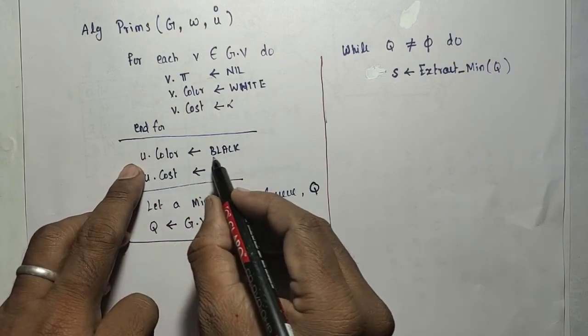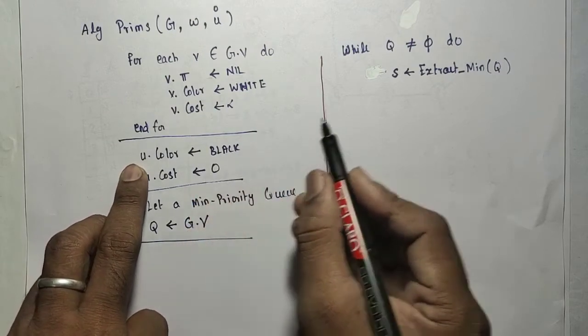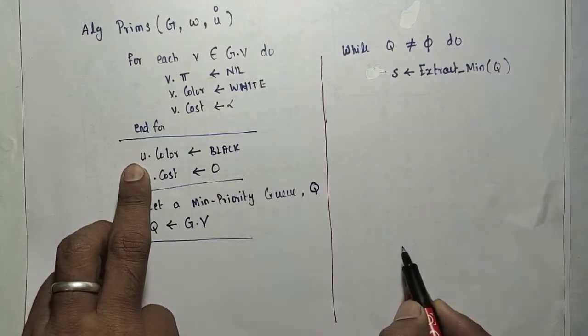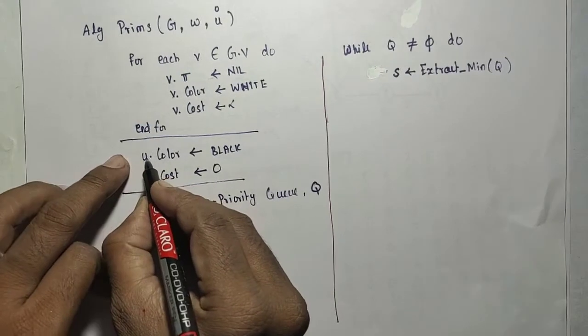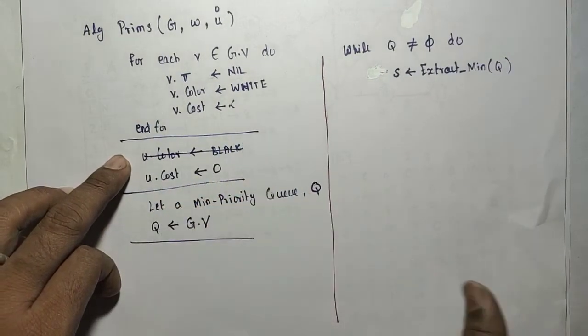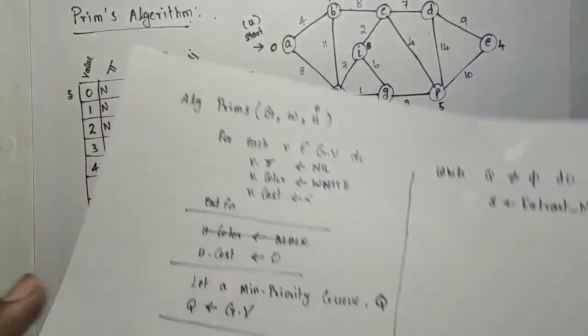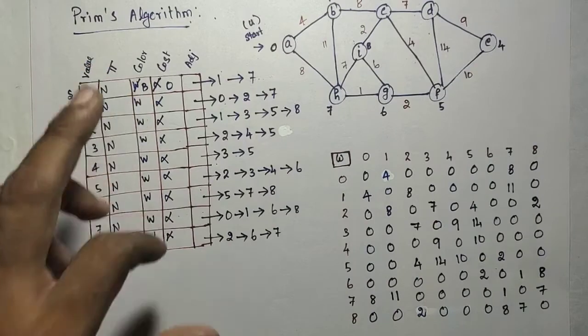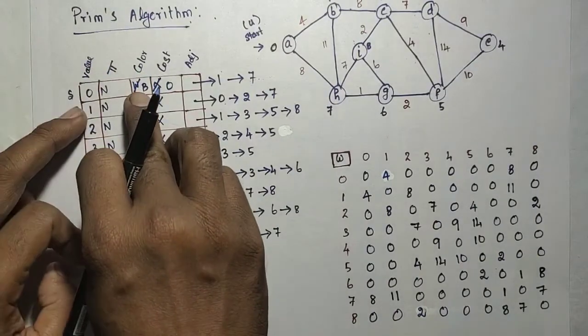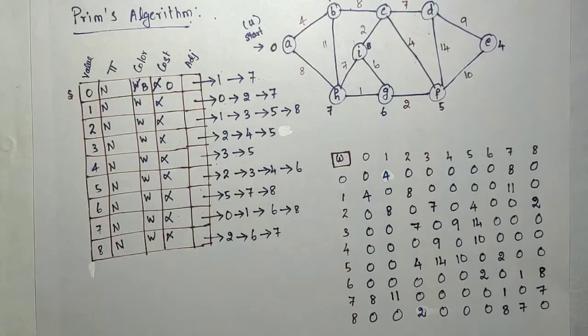So there is no need to change the color to black, since it will be changed in the loop. So this statement is actually not needed. Even if you add it, there is no problem. The color of that starting node will be the same, that is 0 with white.